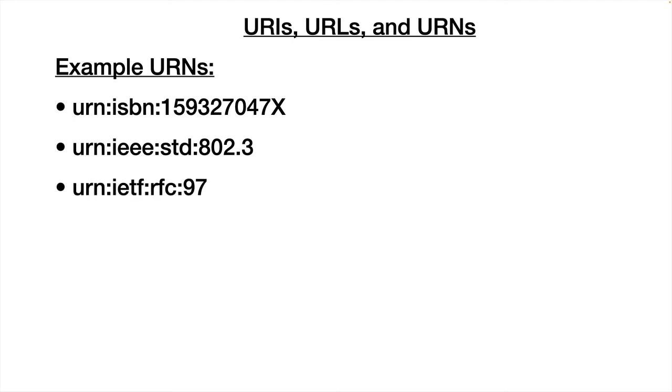We've talked about RFCs a little bit recently. RFCs are maintained by the Internet Engineering Task Force, the IETF. So this is referring to RFC 97 that was created by the IETF.